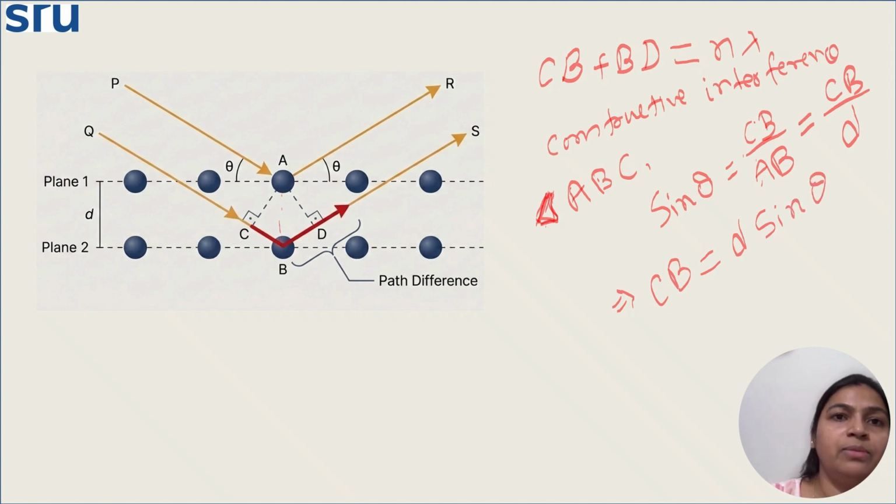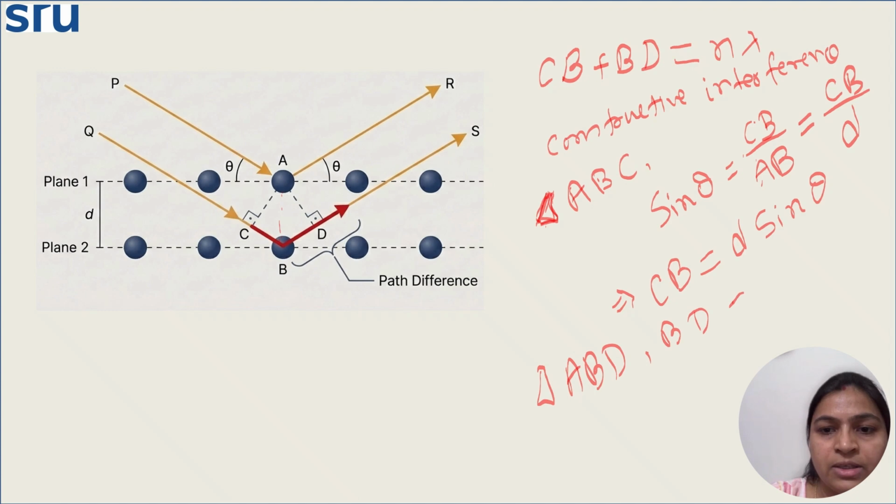Similarly, from the other triangle ABD, BD is equal to d sine theta in the same way.